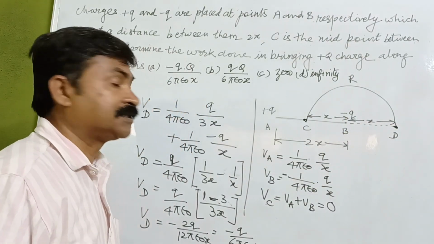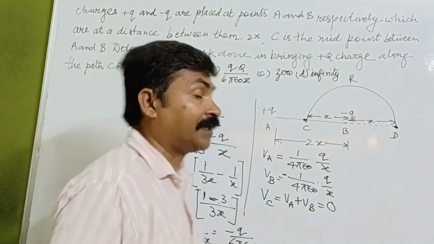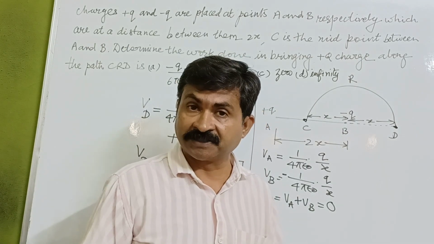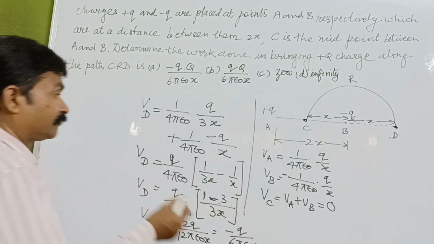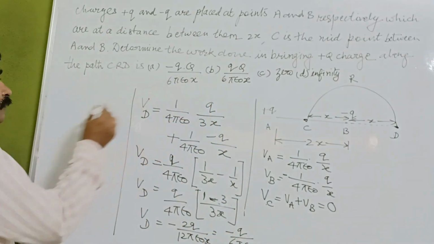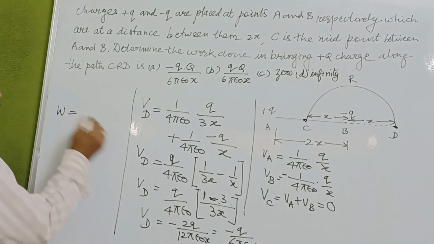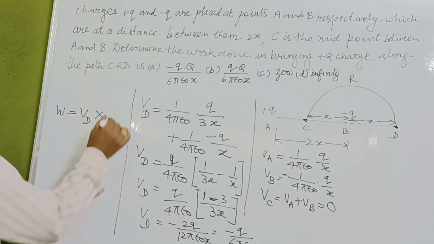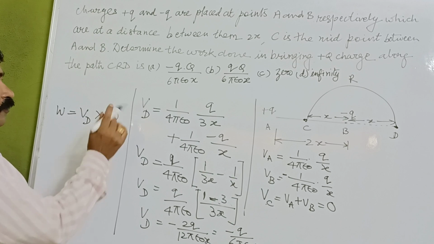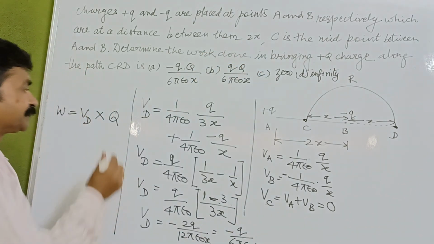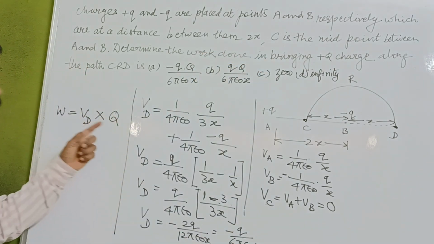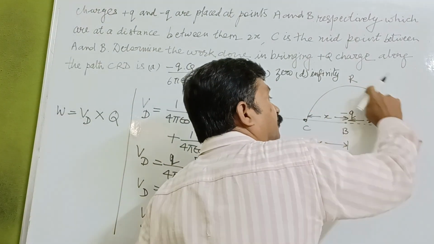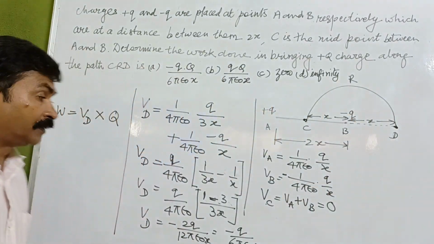Now once we have got this, we know the electric work done in terms of electric potential is work done per unit charge. So work done will be the potential at D, that is VD, and the charge. We are carrying a plus Q charge. So VD multiplied by the charge will give the electric work done from here to here.